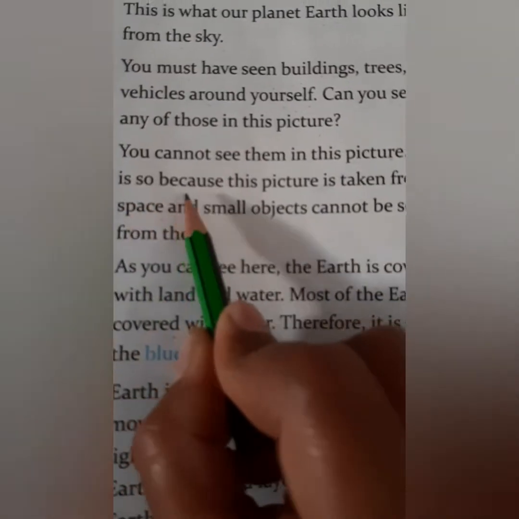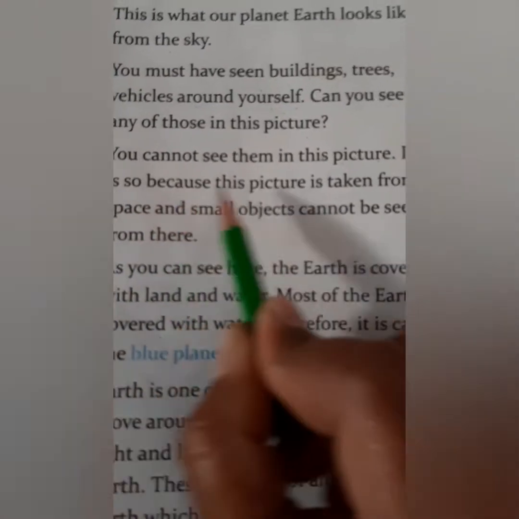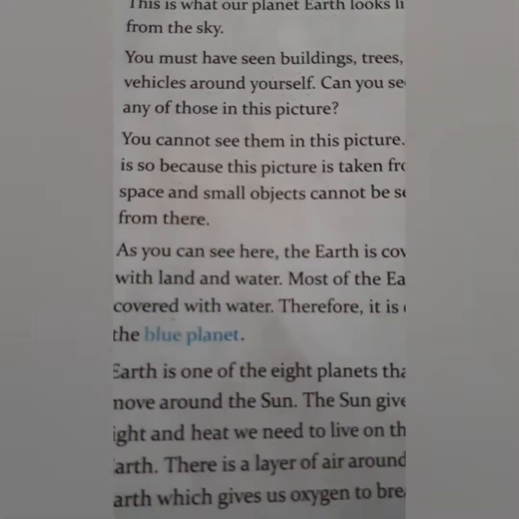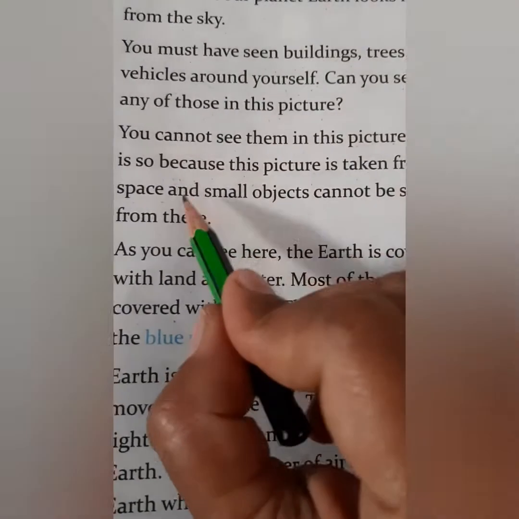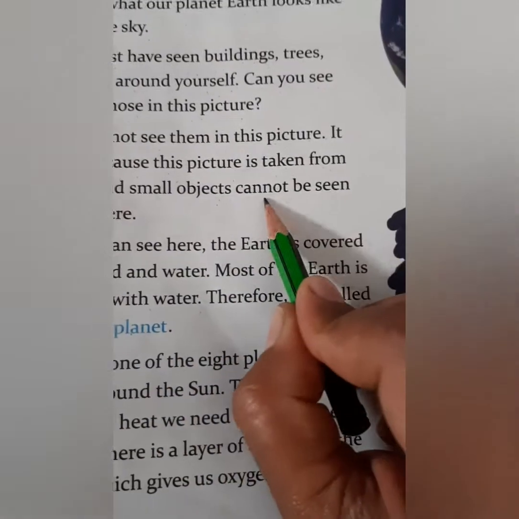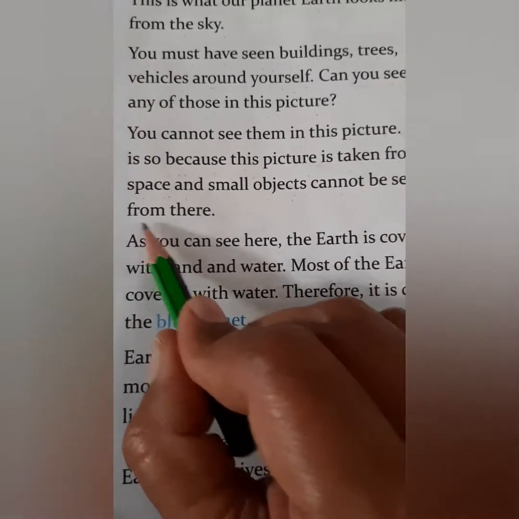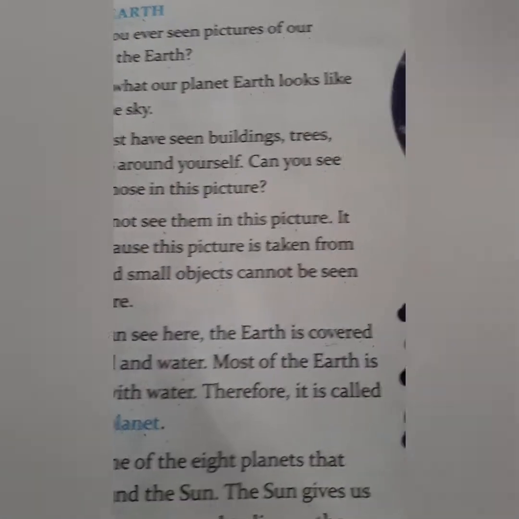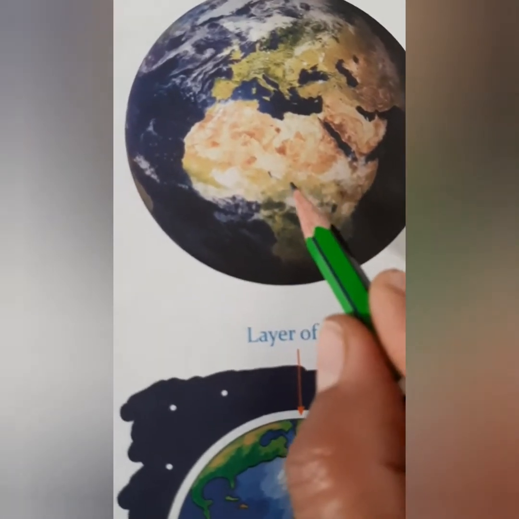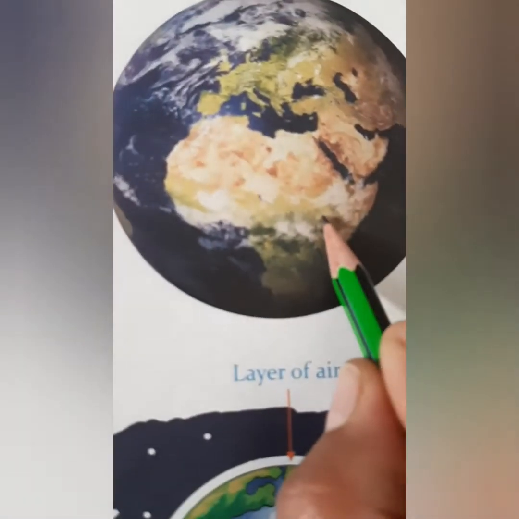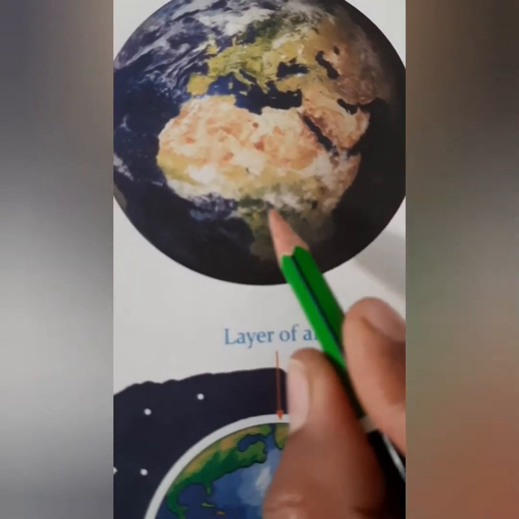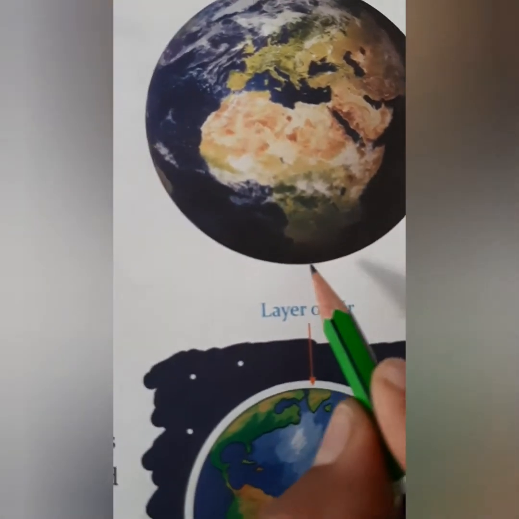It is so because this picture is taken from space, and small objects cannot be seen from there. No, we cannot see because this picture is taken from space.